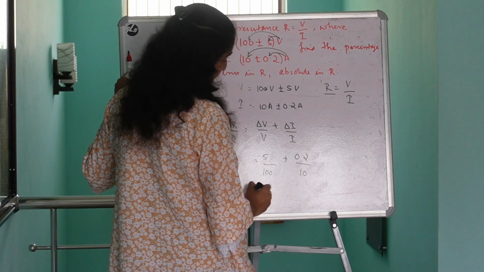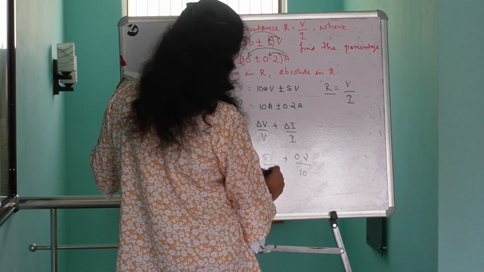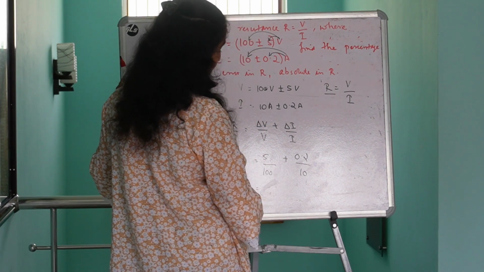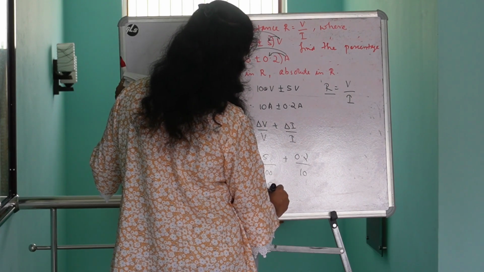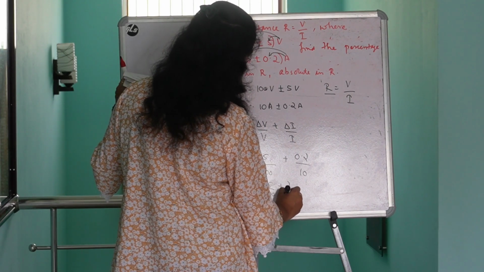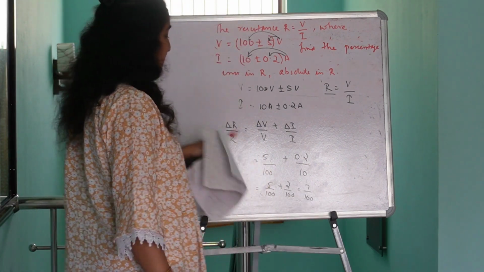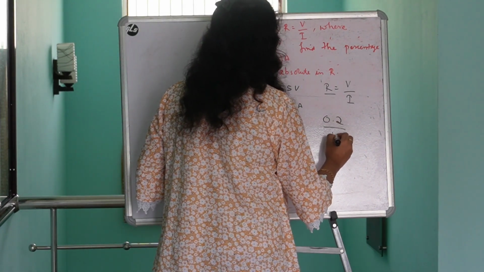So you get the value as 5 by 100 plus 0.2 divided by 10. What is 0.2 divided by 10?